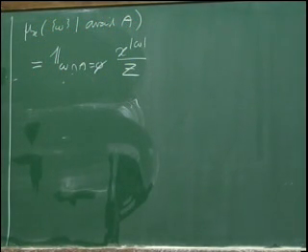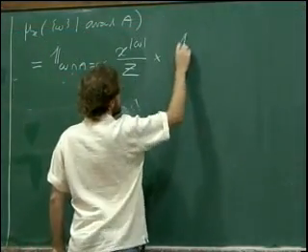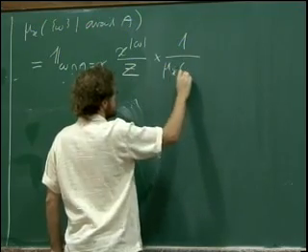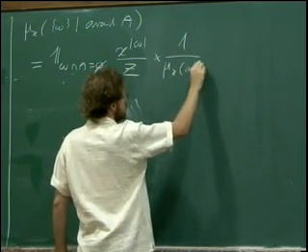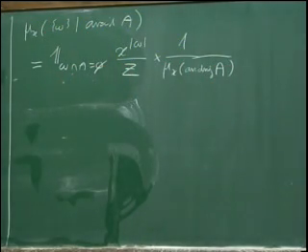And then there will be the probability of avoiding A in the conditioning. So that will give you a factor 1 over mu x of avoiding A. Okay, so that's just basic probability. It's the computation of a conditional probability.